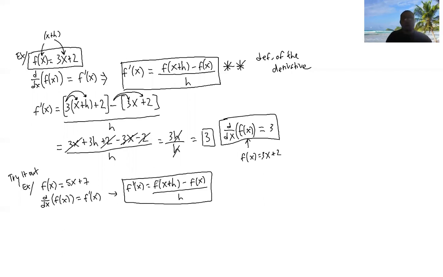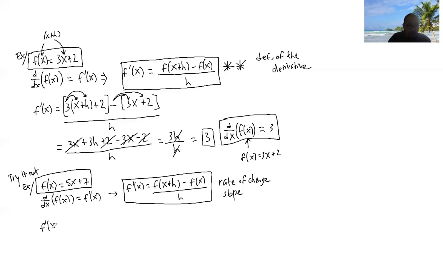Awesome. So let's go over what you were supposed to do. This is our function, 5x plus 7, and this is the definition of a derivative that we're going to use to find the rate of change. Remember, derivatives are rates of change, or more familiarly, the slope of your function.